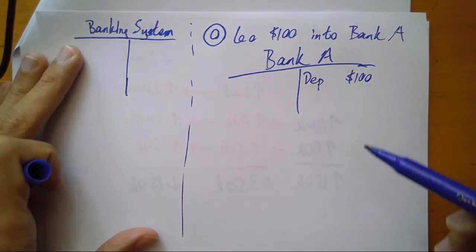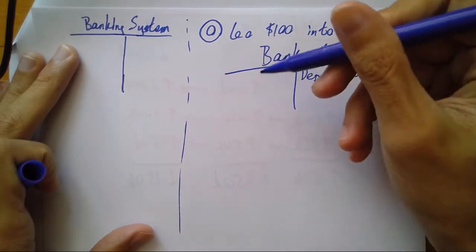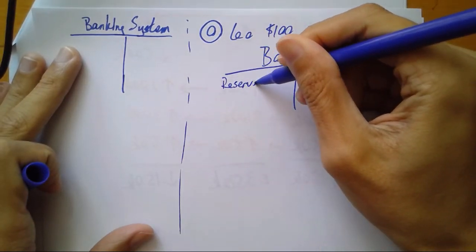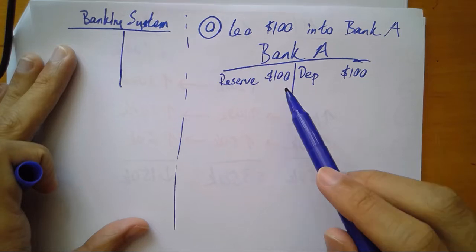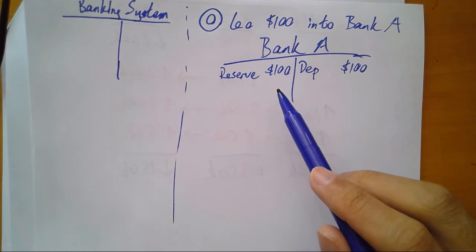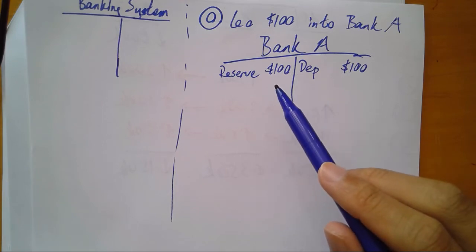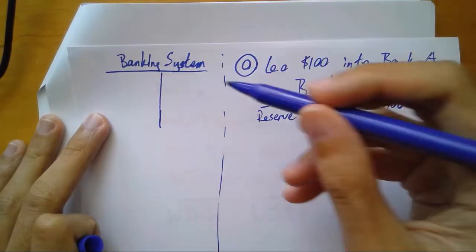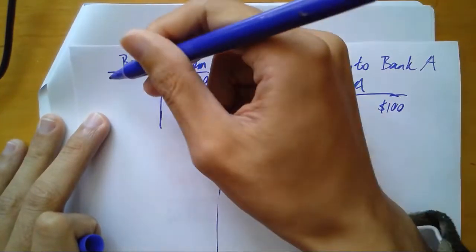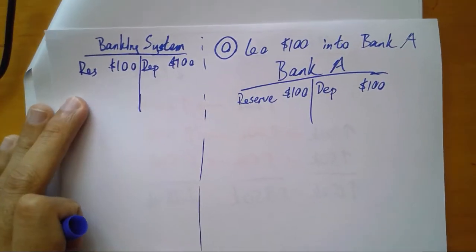Correspondingly, on the left hand side, immediately we have a reserve of 100, the so-called vault, the physical money existing. Now the banking system has deposit 100, reserve also 100. Here we have it.